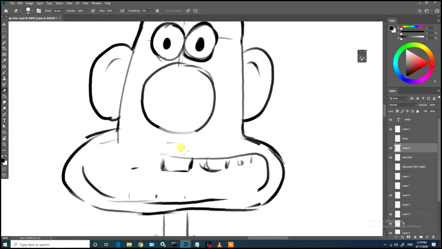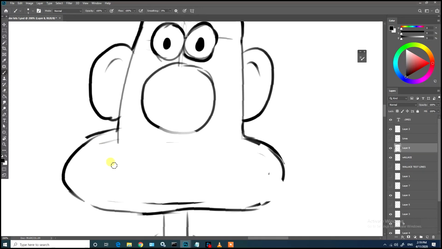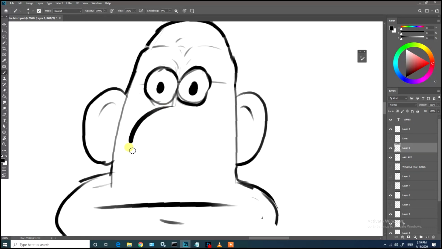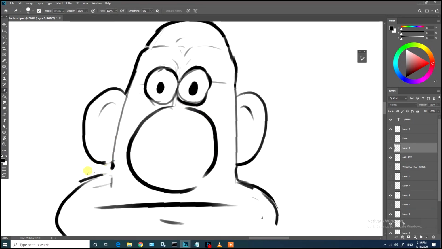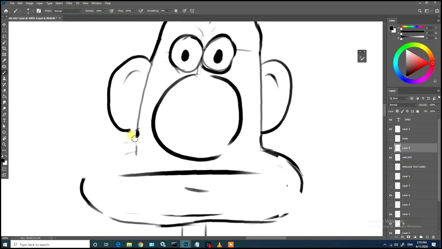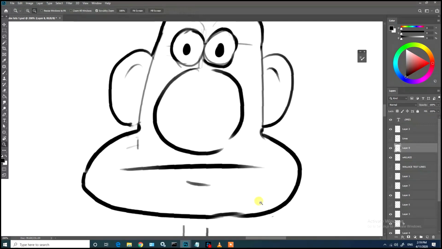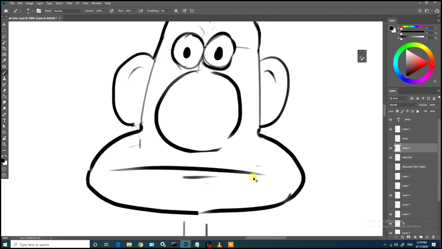You could even make his mouth a little bit flatter. And if I was going to make this Wallace look better, I'd make his nose probably a little bit bigger. There we go. And just kind of do that.